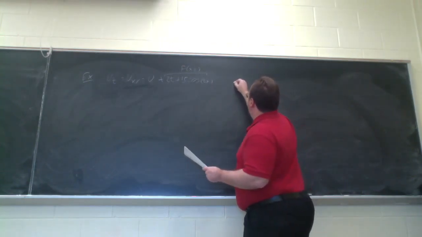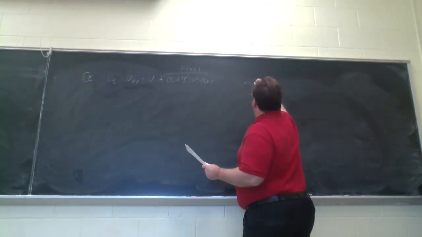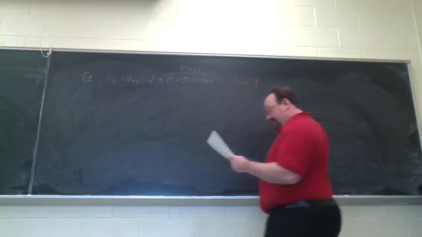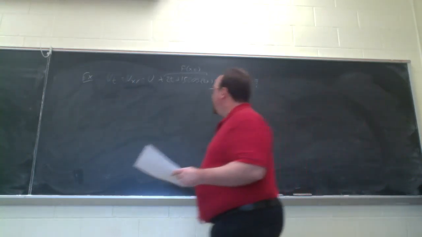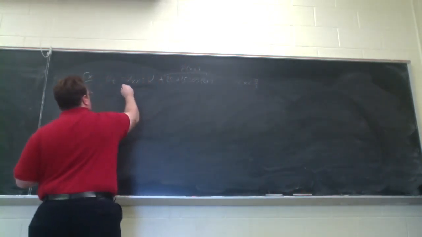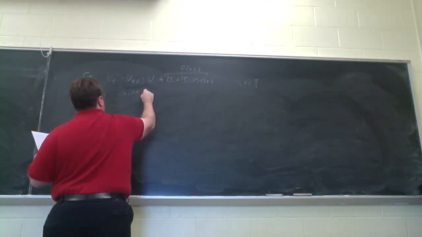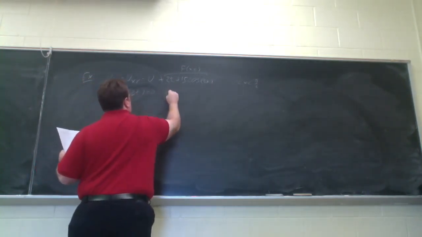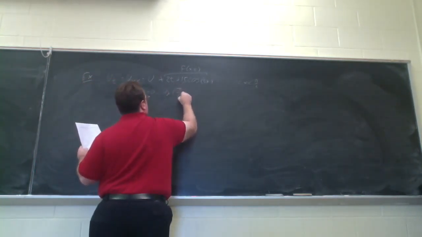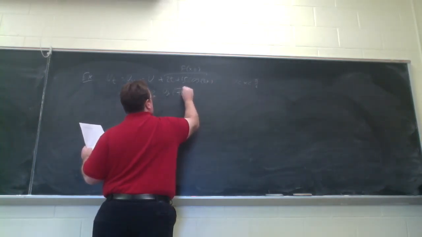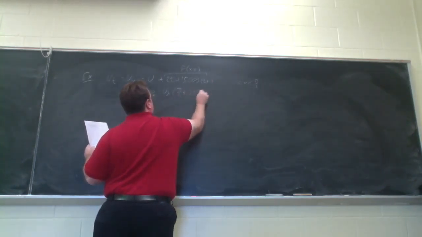And we're on the interval 0 to pi over 2. Our boundary conditions are Neumann, du dx at 0 is 0, and du dx at pi over 2 is 0.